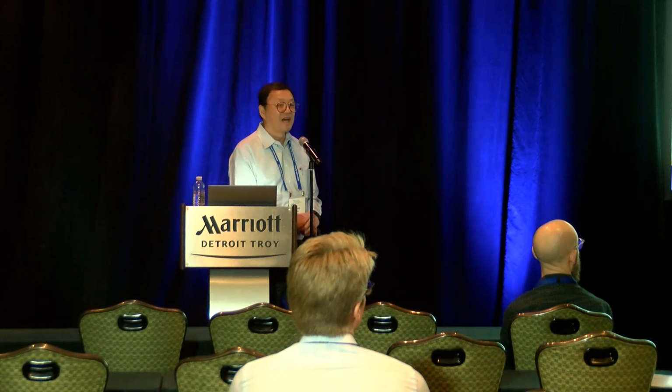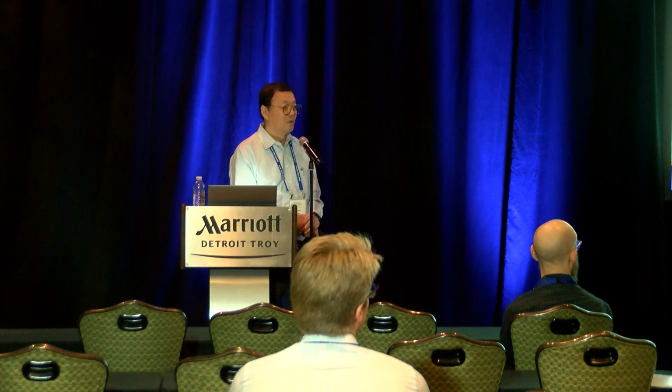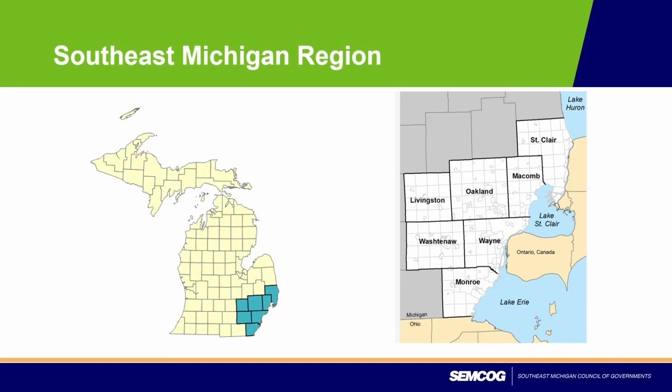So when Chad and I talk about the Southeast Michigan region, we're really referring to these 7 counties in the southeast corner of the state of Michigan. That includes Wayne, Oakland, Washtenaw, Macomb, Livingston, St. Clair, and Monroe counties.